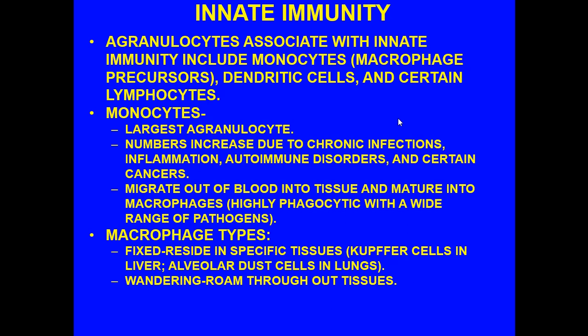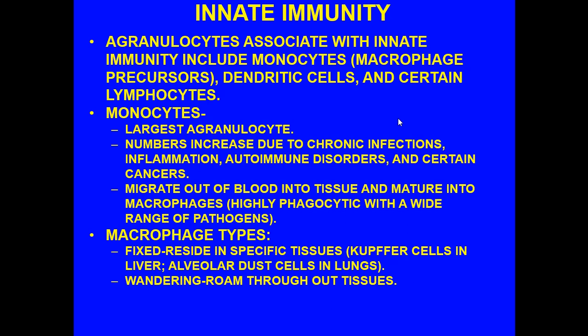In other words, if you have a persistent infection, you should see lots and lots of monocytes. They will migrate out of the blood into tissues and begin the battle. As they do, they will mature into macrophages. They're highly phagocytic, and they go after a large range of pathogens, staph, strep, the whole nine yards.